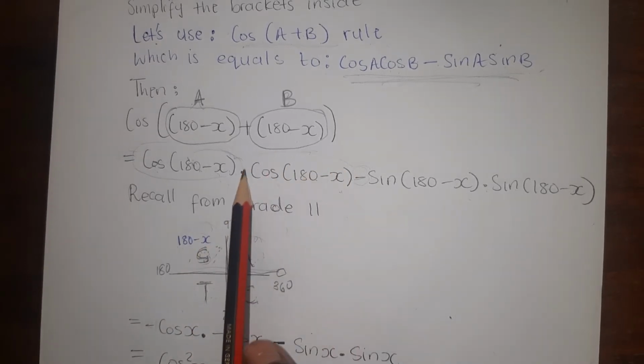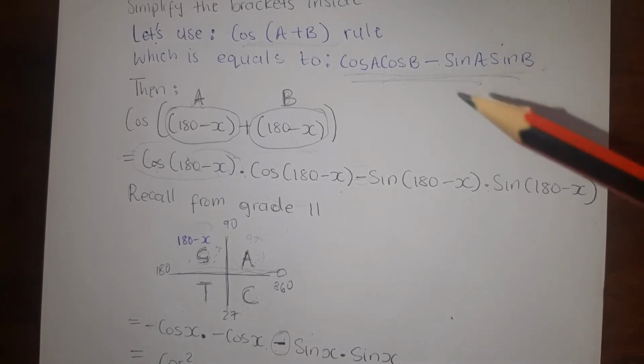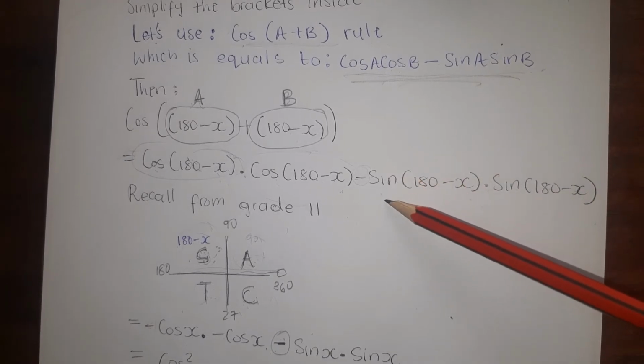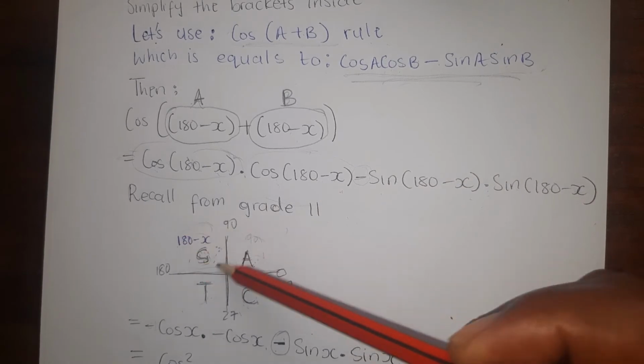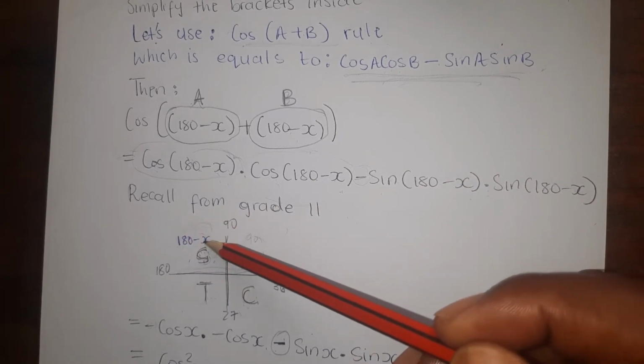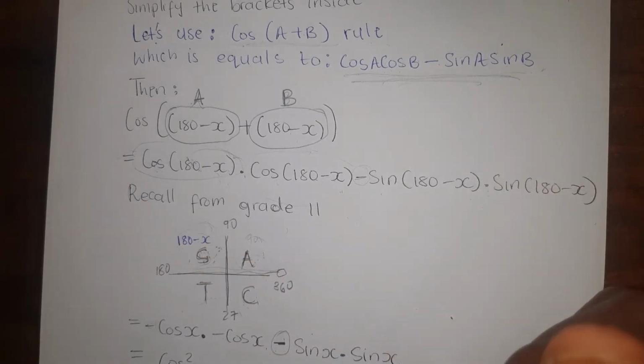And then when we solve this again, it will be times minus cos x. And then our minus from our equation. And when we solve sine(180 minus x), it is also in this quadrant, so sine in this quadrant is positive. So we can write it as sine x. And this one is the same, we can write it as times sine x.